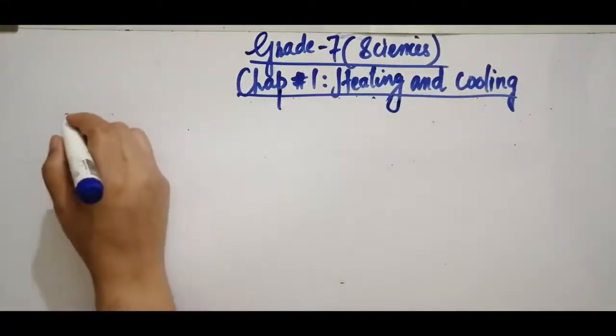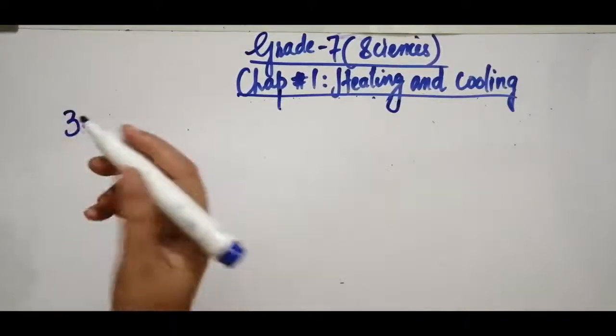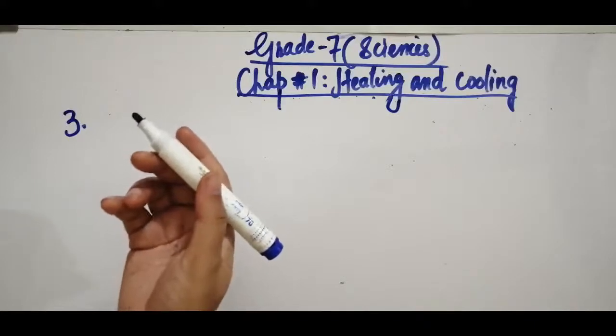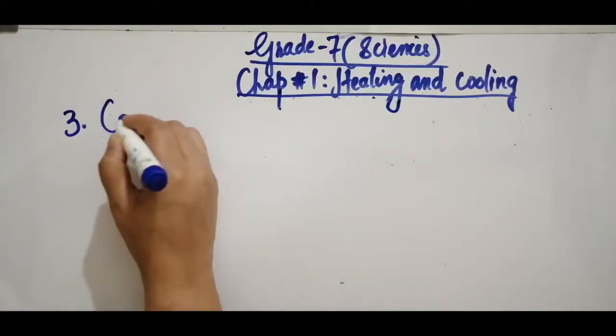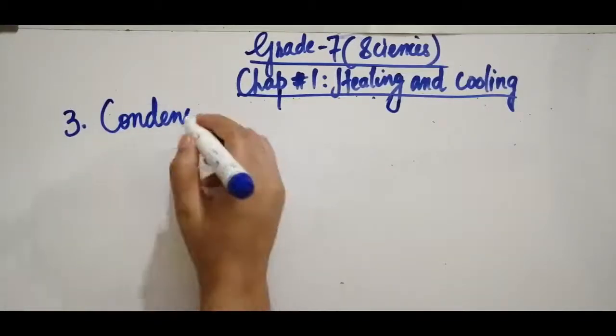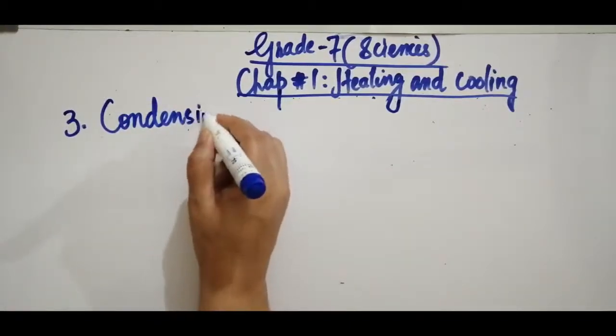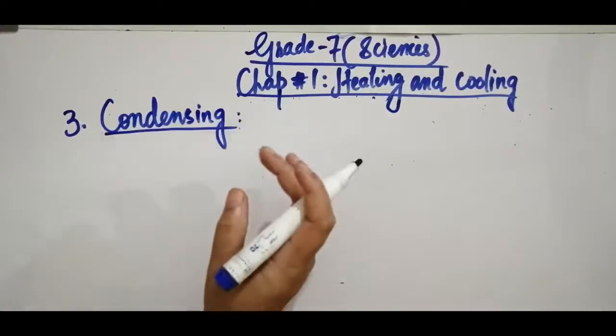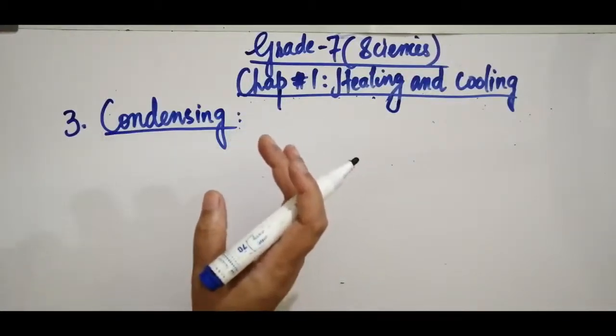The next process of representing the behavior of substances through kinetic theory is called condensation. You can also write condensing or condensation. I'm writing here condensing. So it is actually the reversal process of evaporation.